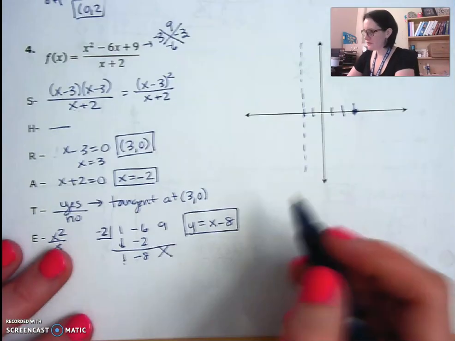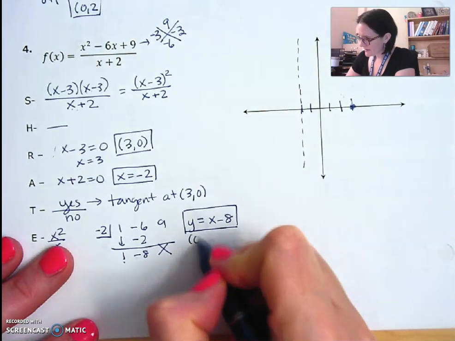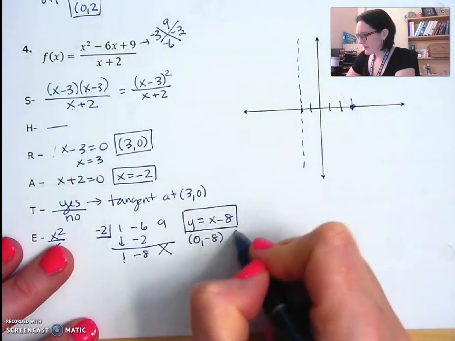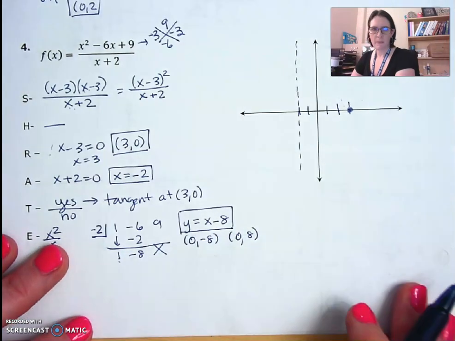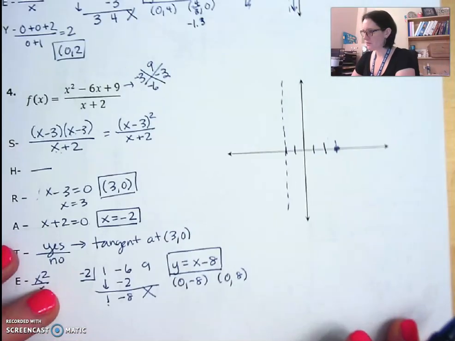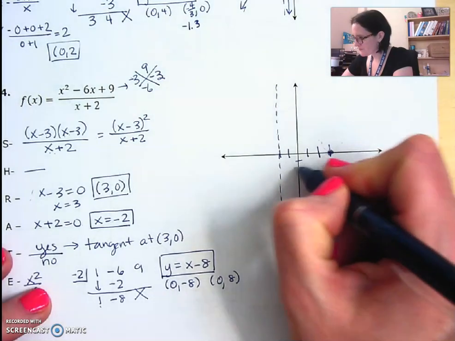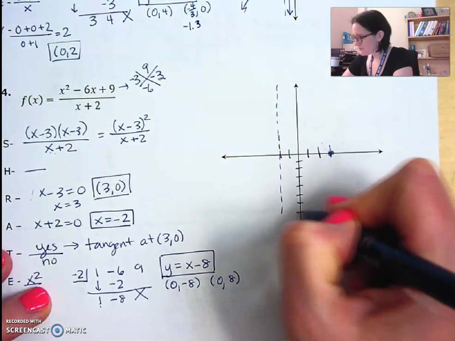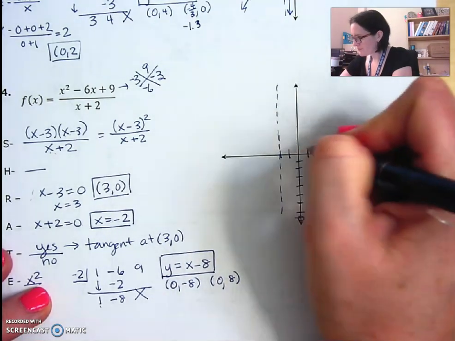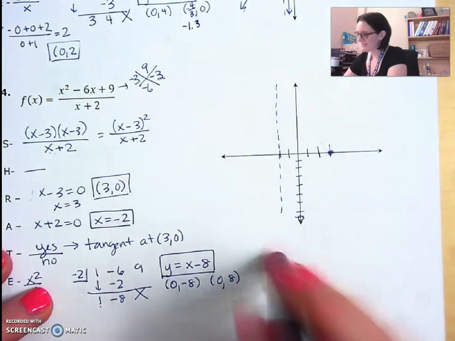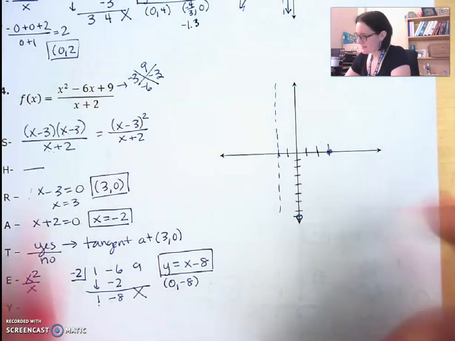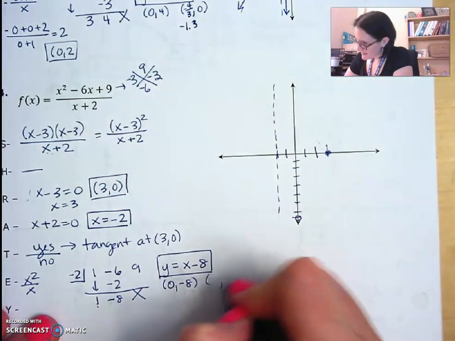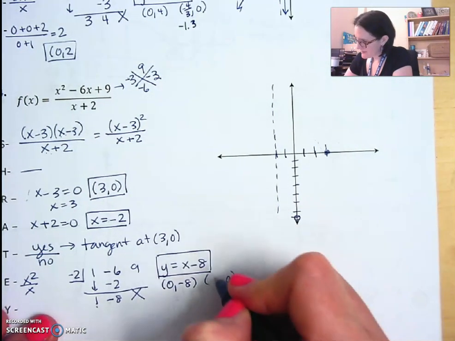And my two intercepts are when x is 0, y is -8, and when y is 0, x is 8. So I'll draw those with open circles. Oh wait, sorry, that's backwards. When y is 0, x is 8.